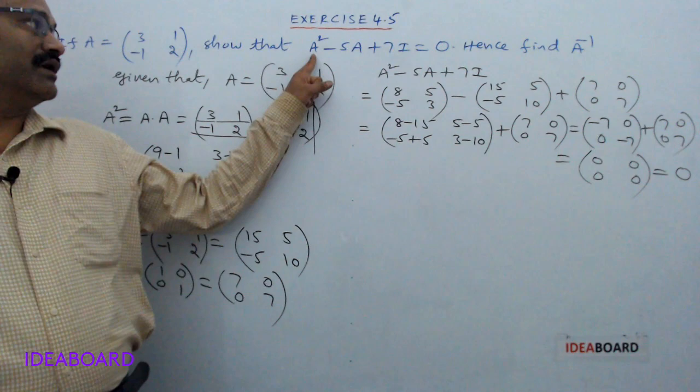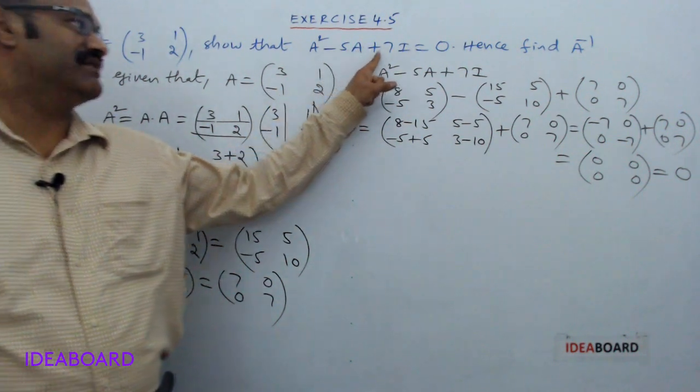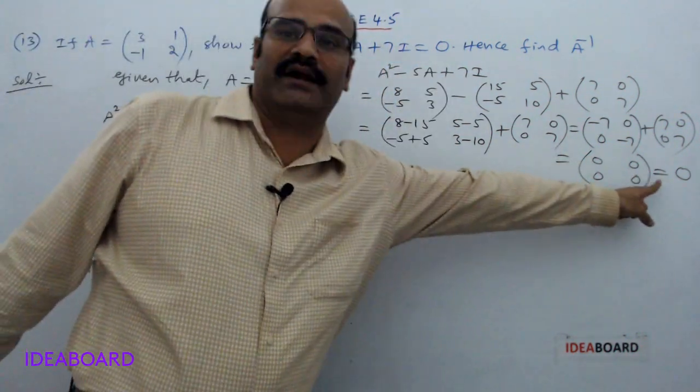So A square minus 5A plus 7I equal to null matrix.